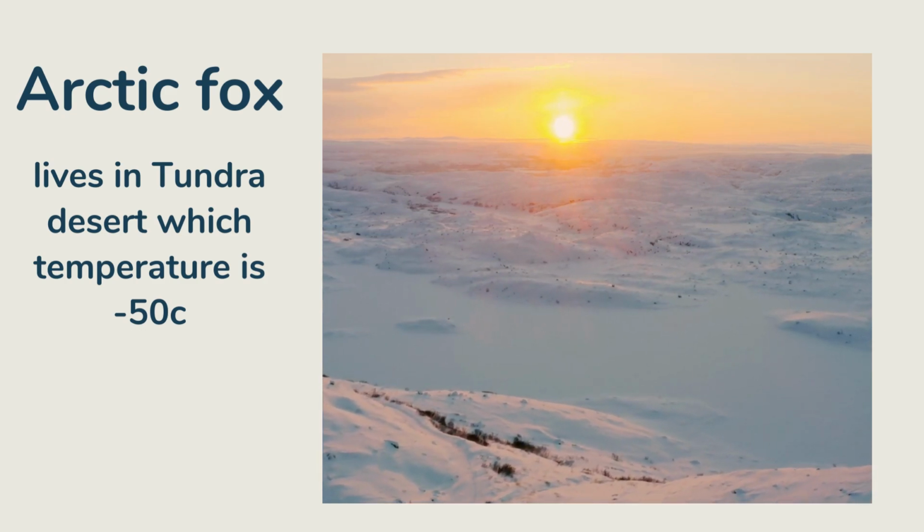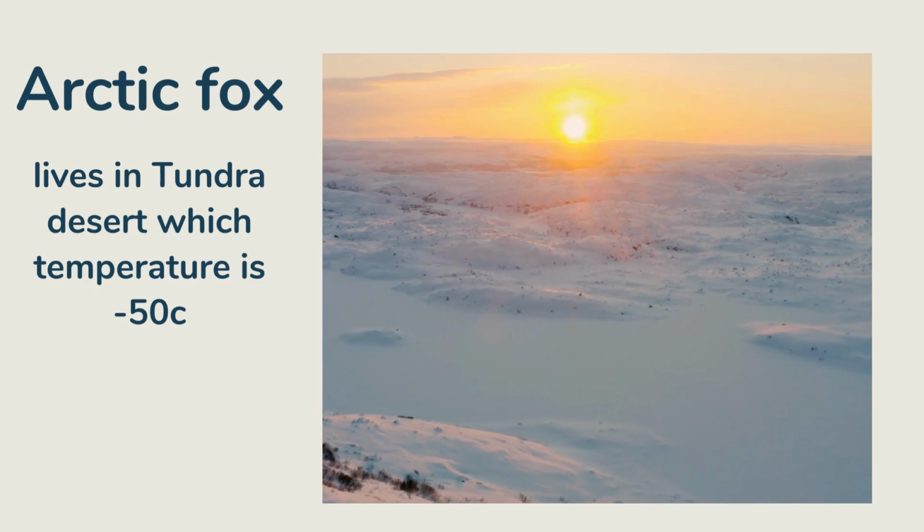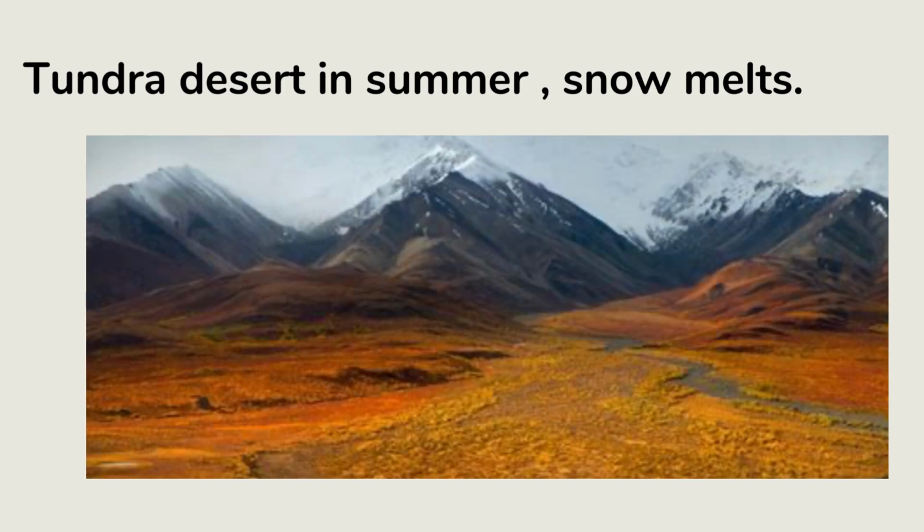Tundra desert has something. In winter it looks white because of the snow covering everything. In summer the snow begins to melt, so the brown color of the desert begins to appear.